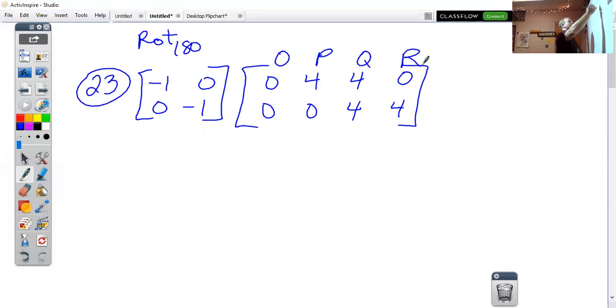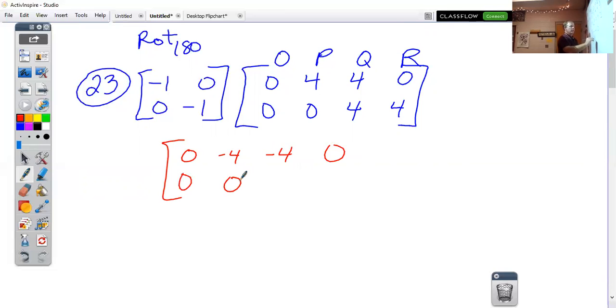What terrible letters, because the O looks like a 0. Anyway, what do you think we're gonna do here? Turn everything negative. Do we flip anything? No, everything's in the right spot. All you do is make everything negative. So 0 stays 0, but that's -4, -4, 0, 0, 0, -4, -4. Boom. So that'd be O prime, P prime, Q prime, and R prime.